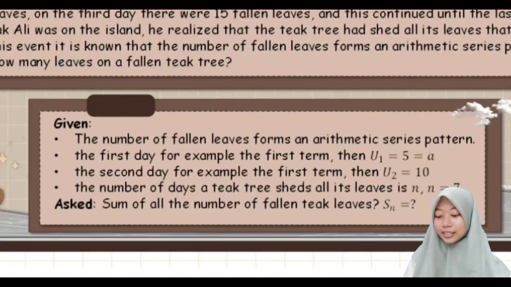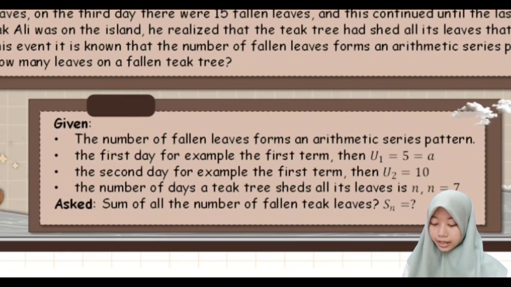So guys, from the given, we know that the number of fallen leaves forms an arithmetic series pattern. For example, the first day will be the first term, so u1 is equal to 5. We denote it by a. Then the second day will be the second term, so u2 is equal to 10.